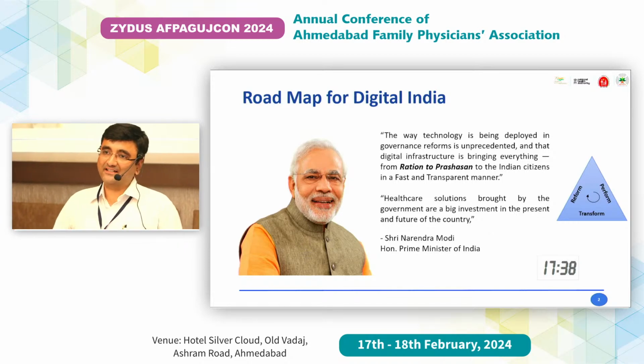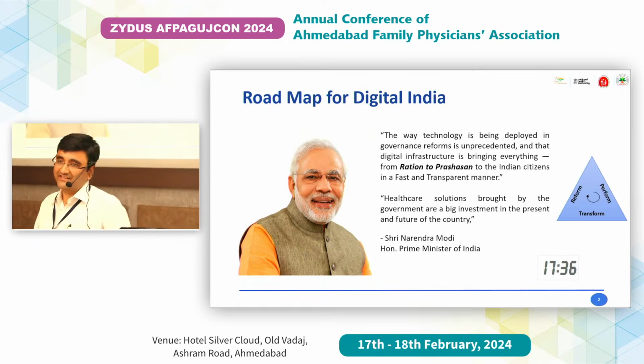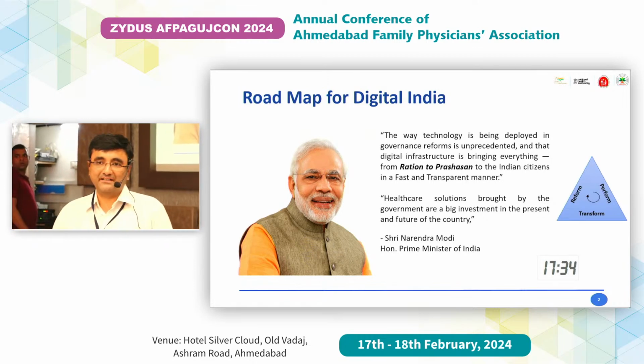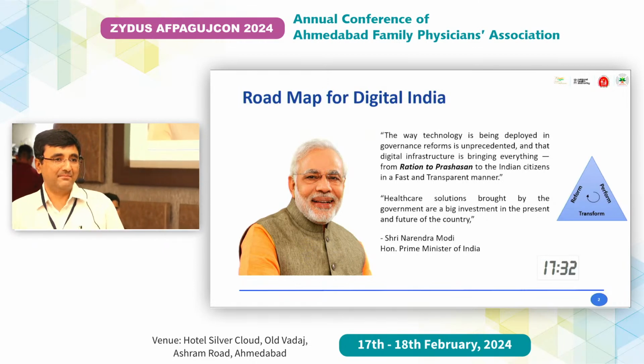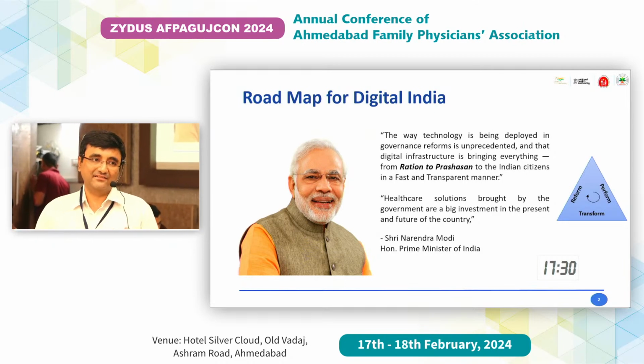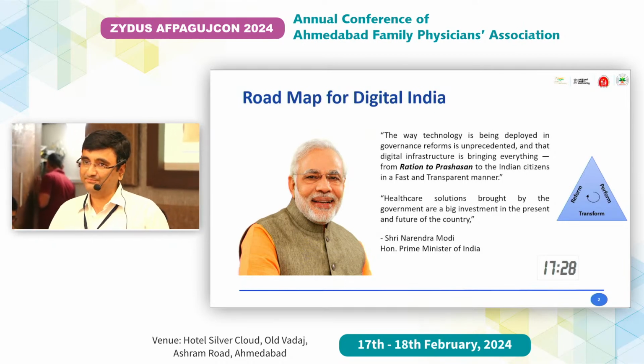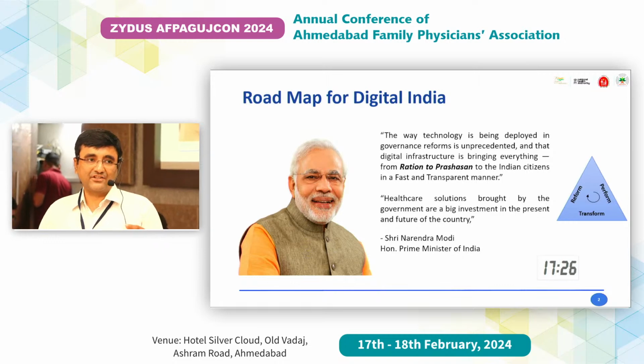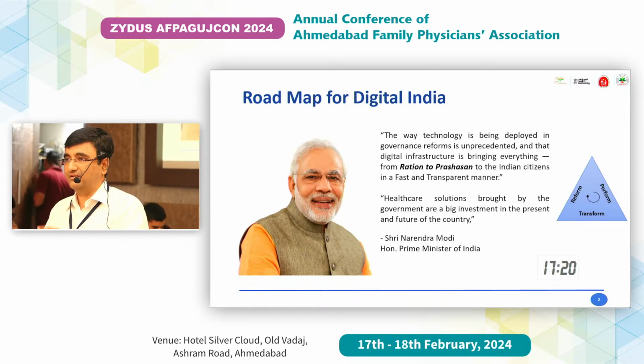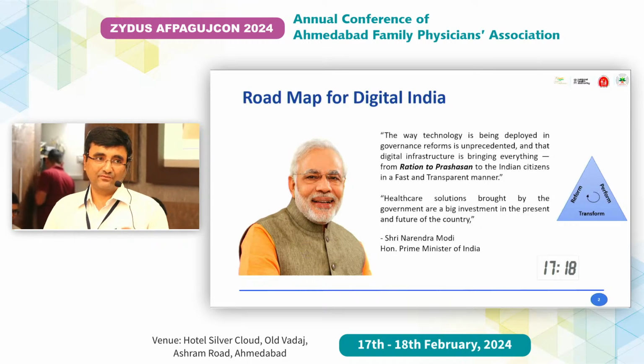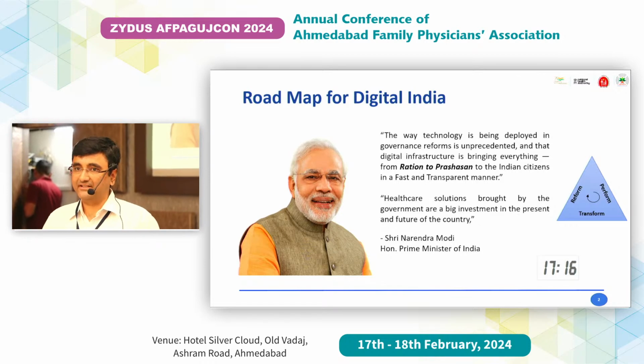When he was our chief minister, he used to encourage us to use technology for the betterment of fellow citizens, be it for the ration card, for the ration, be it for the revenue. For ration card, I'll give you an example from the supply chain point of view, from the godown to the fair price shops. What is the status of the food grains? What is the availability? What is the shipment status?